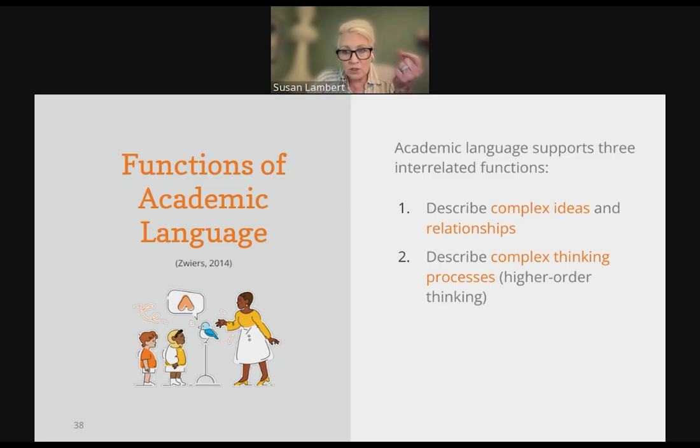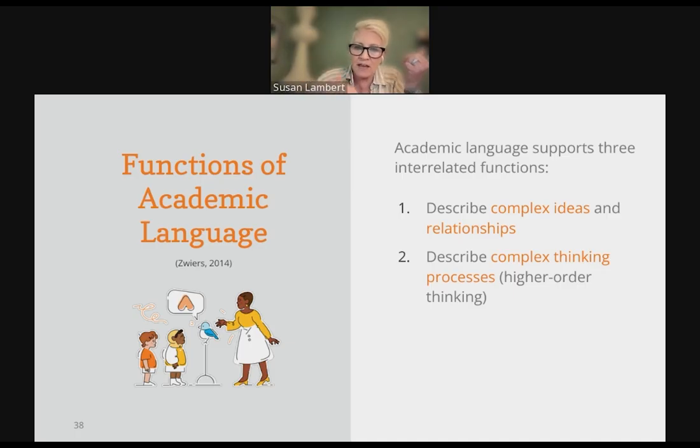Academic language also helps with complex thinking processes. We talk about higher order thinking and how important it is to get kids up to the top of the pyramid in Bloom's taxonomy, right? Where we're evaluating ideas and being critical thinkers about ideas. You can't just introduce a topic to a kid or even an adult if they have never heard about it before and expect them to get to that higher order thinking.